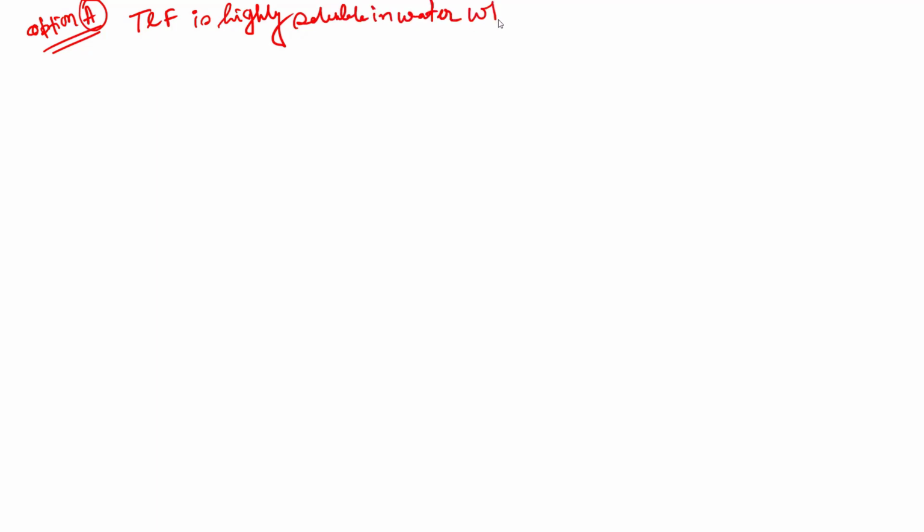Now coming to the answer. First, we will look into option A. What is option A? Thallium fluoride is highly soluble in water, whereas other thallium halides are sparingly soluble.